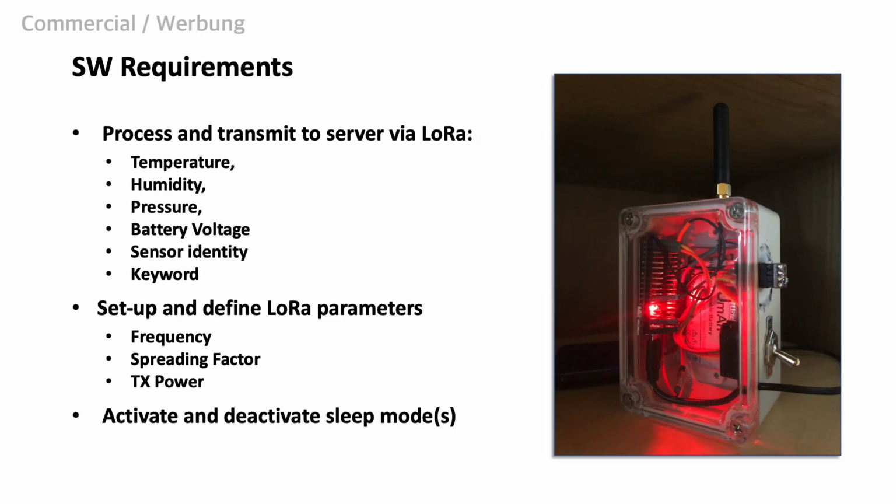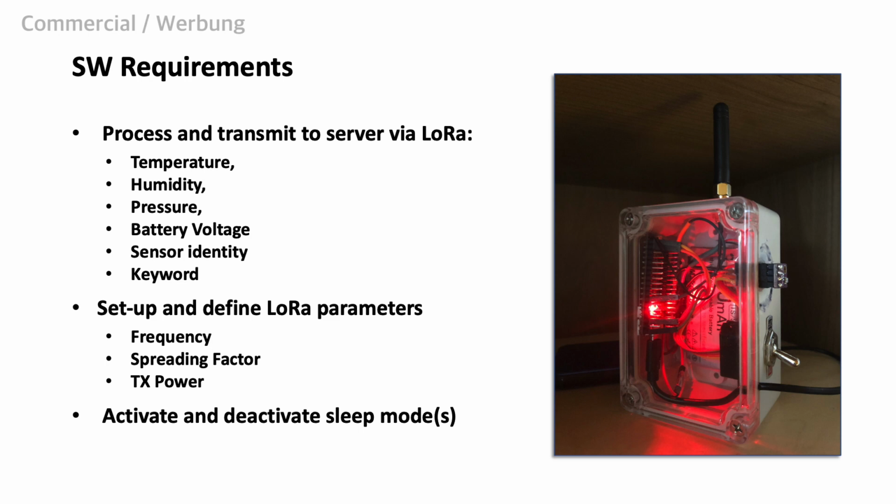What are the main requirements for our software now? It shall process the data from our weather sensors and transmit them via LoRa to our server. The complete set of data comprises temperature, humidity, air pressure normalized to sea level, battery voltage, a device identifier, and a LoRa keyword.